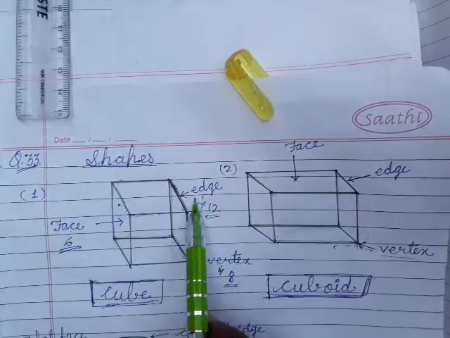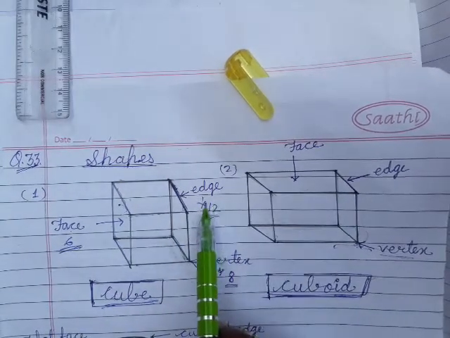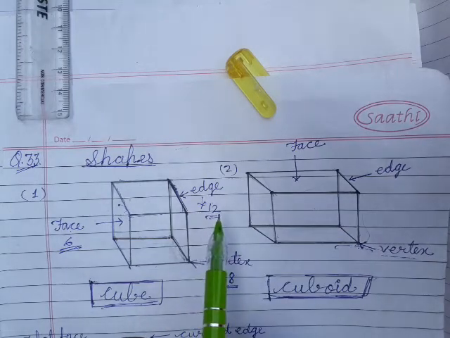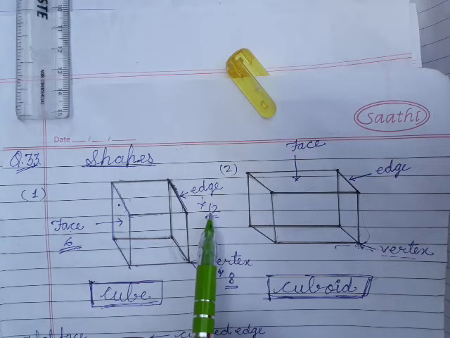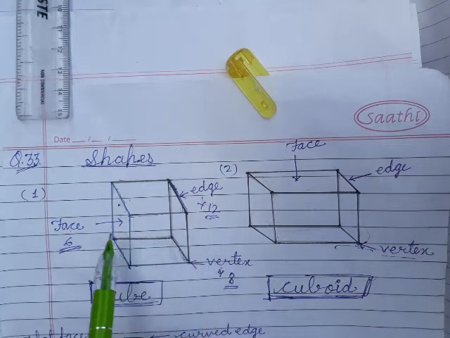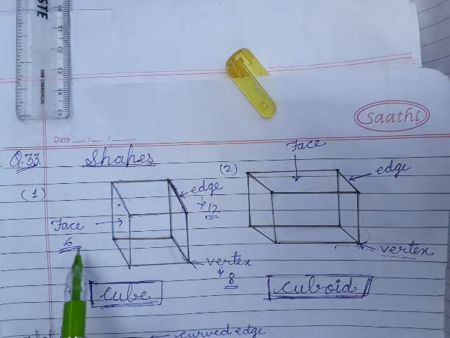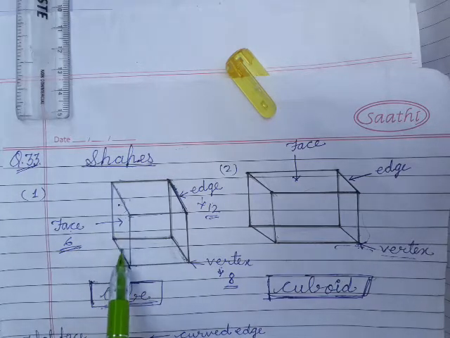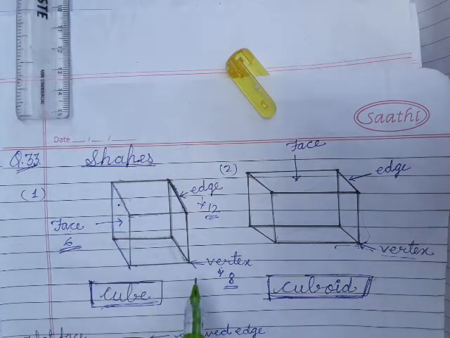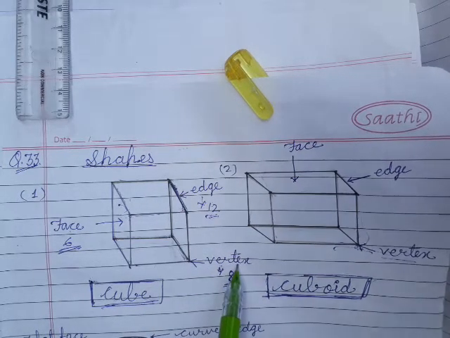So first of all we discuss the edge. Where two faces meet, it's called an edge. A face is the surface of a solid, it's called a face. And where two edges meet at a point, it's called a vertex.